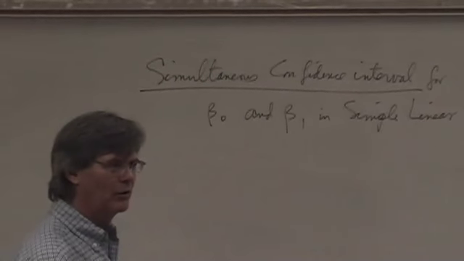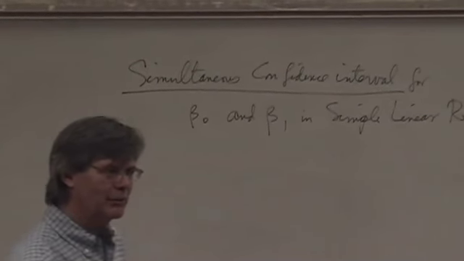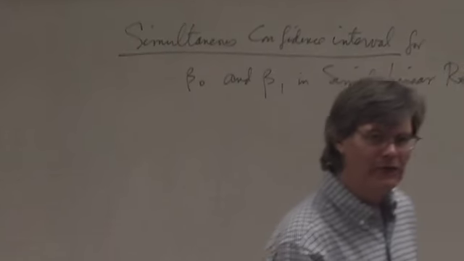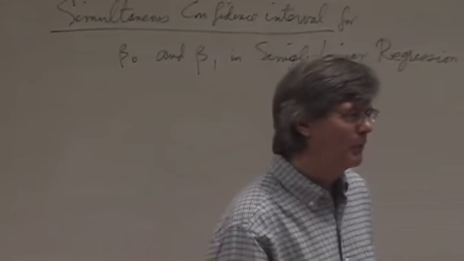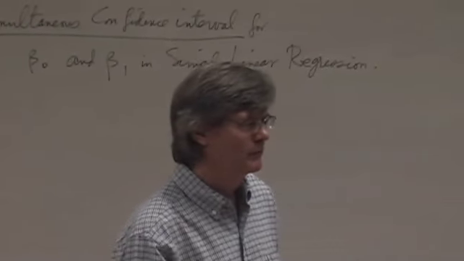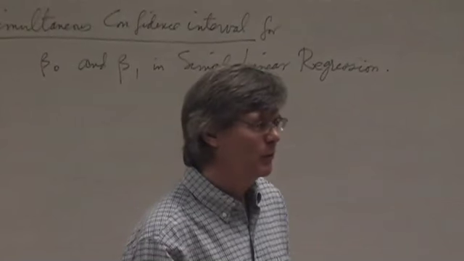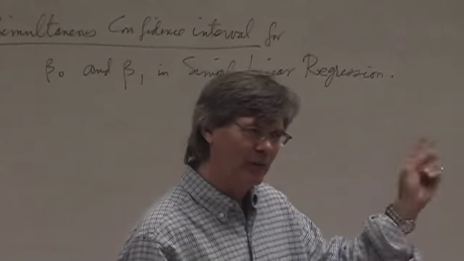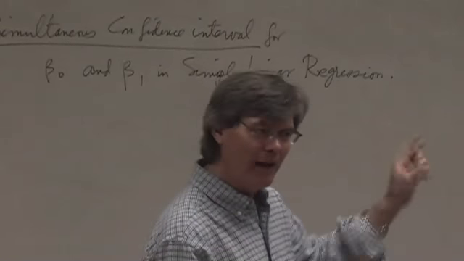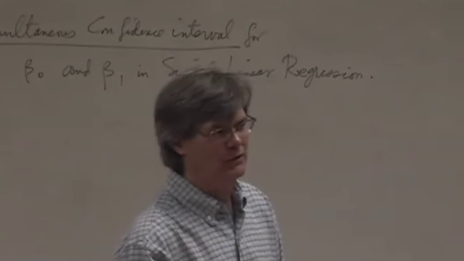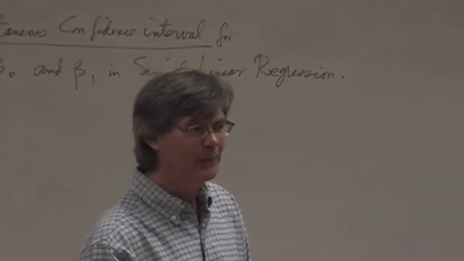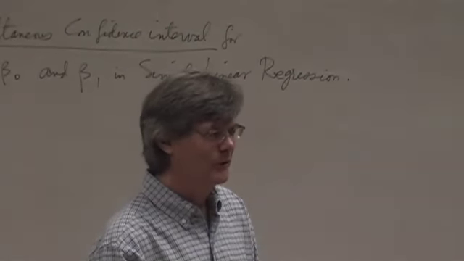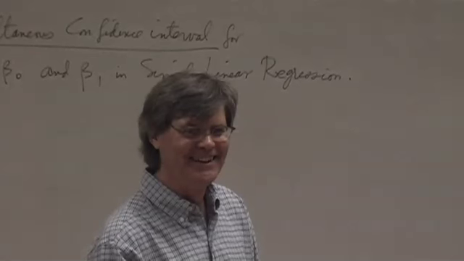So I don't know simultaneously with 95% confidence that both beta 0 is in its confidence interval and beta 1 is in its confidence interval. What could I say if I had two 95% confidence intervals and I was 95% confident that beta 0 was in its home and beta 1 was also home? That both would be home. 90%. Very good. That's the method.